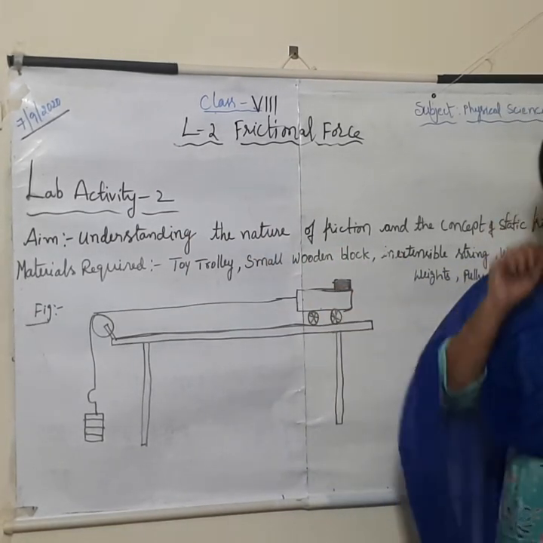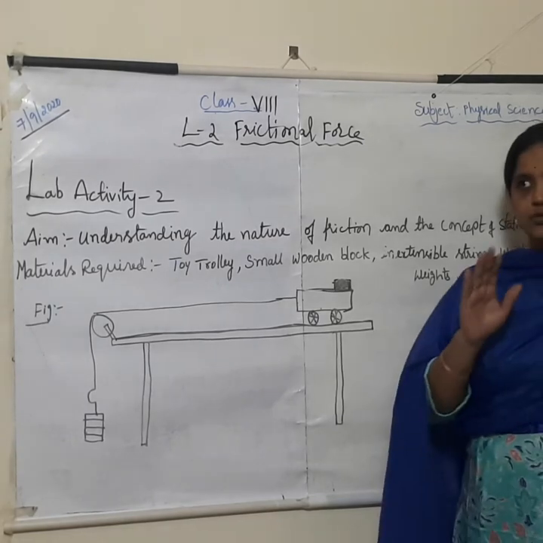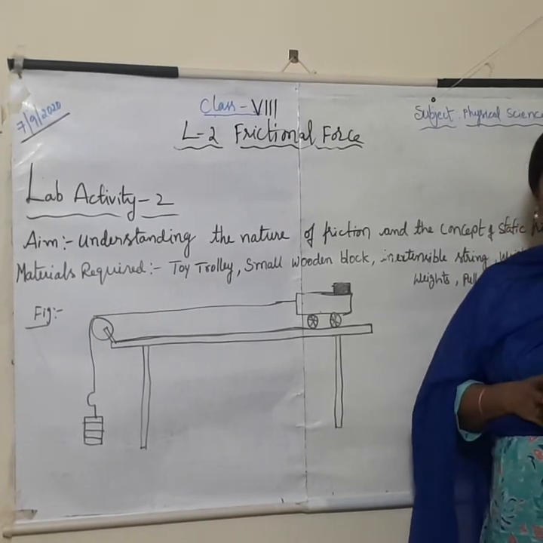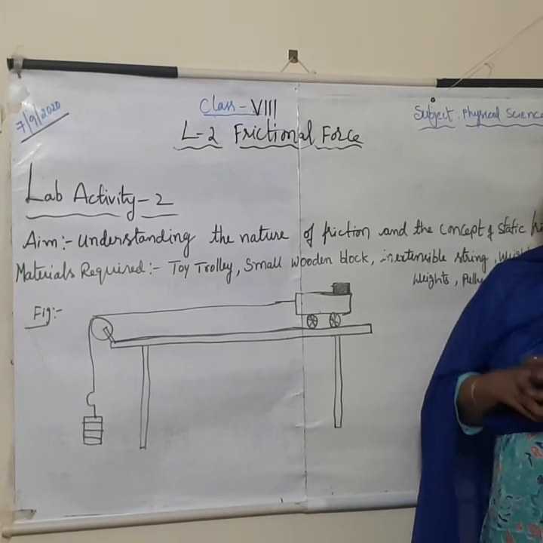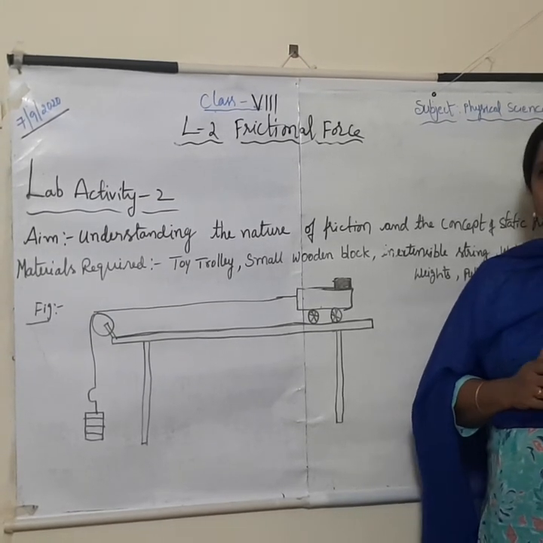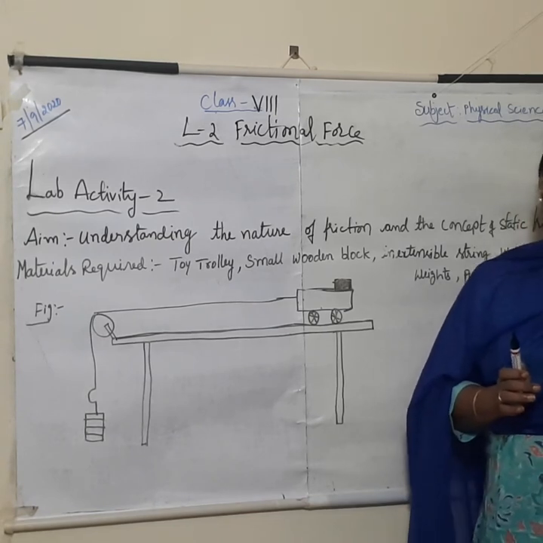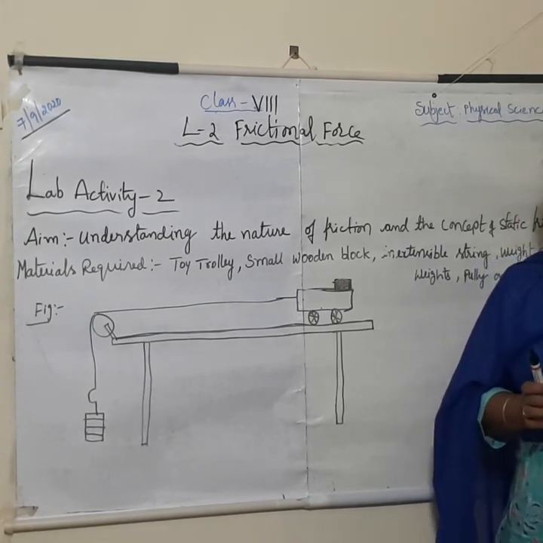One more example I will tell you. Suppose you are standing near a tree and a bus is moving. When you observe the bus, with respect to you, the bus is moving. Along with the bus, the persons who are in the bus are also moving.